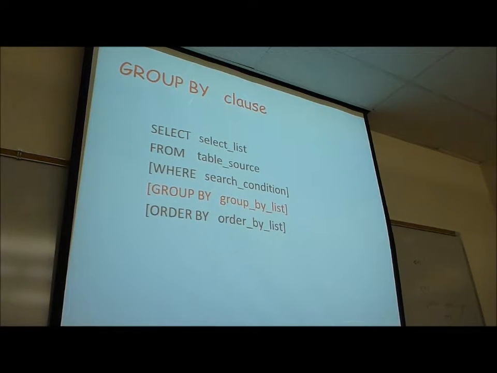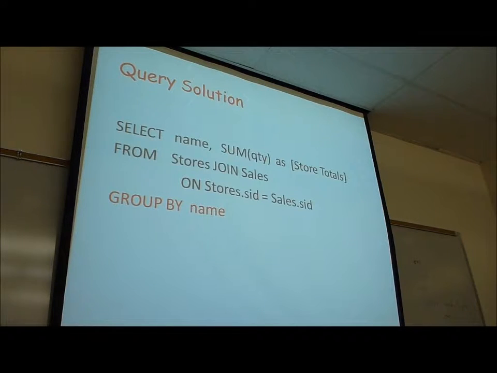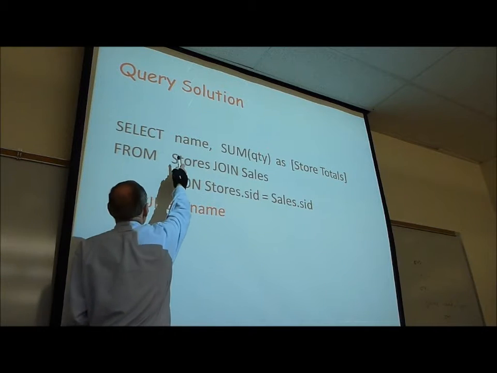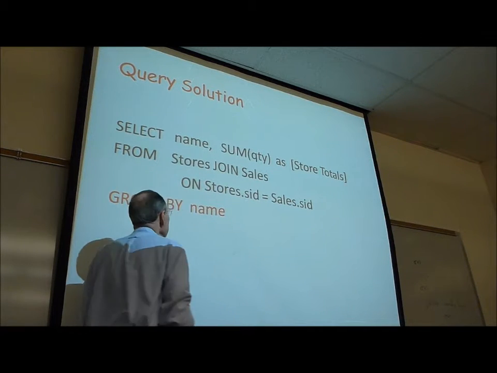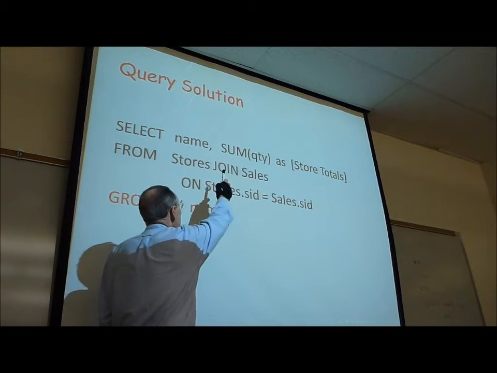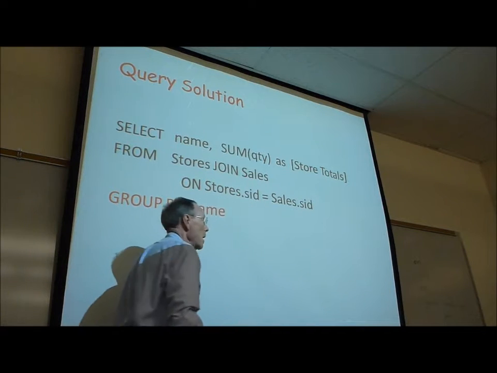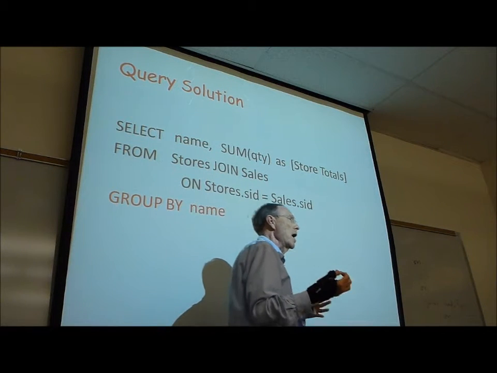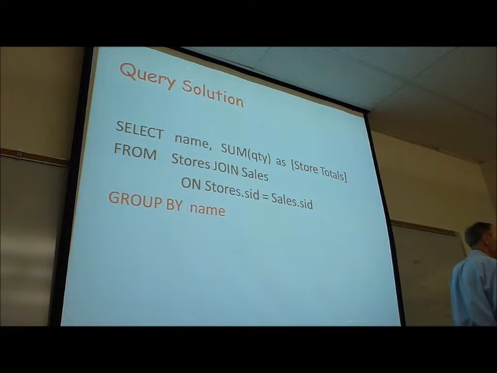So, look at that example. In this case, we'd have select name, and the sum. Remember that's going to be an individual aggregate for each group.